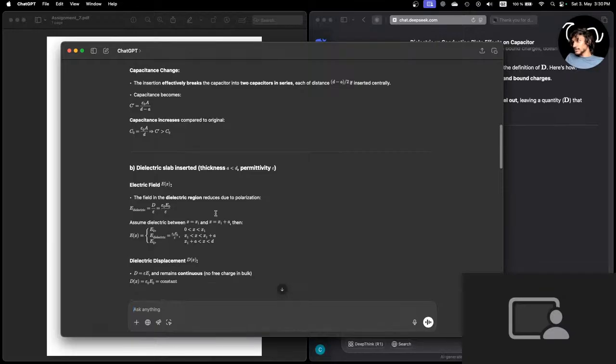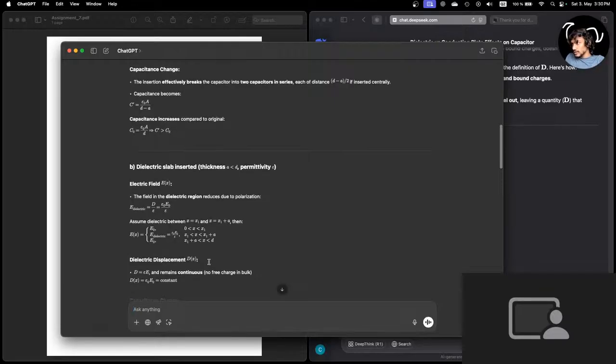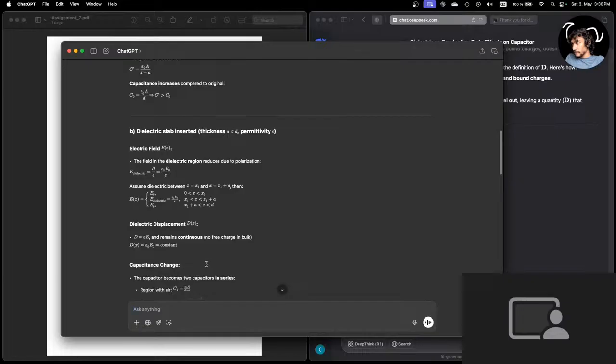Dielectric displacement remains continuous, no free charge in bulk. D remains continuous. Why? No free charge in bulk.